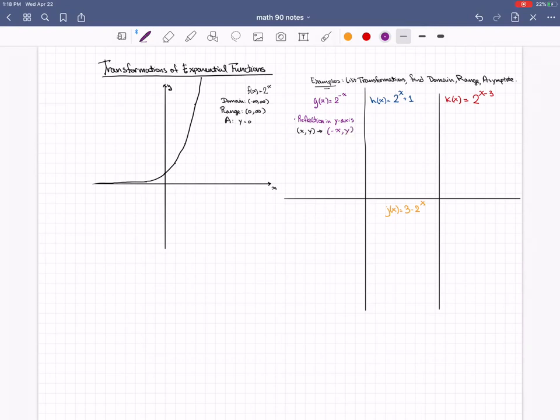So 0, 1 stays put, since the x-coordinate is 0, and the opposite of 0 is 0. 1, 2 becomes negative 1, 2. 2, 4 becomes negative 2, 4. 3, 8 becomes negative 3, 8. Negative 1, 1/2 becomes positive 1, 1/2. Negative 2, 1/4 becomes positive 2, 1/4.